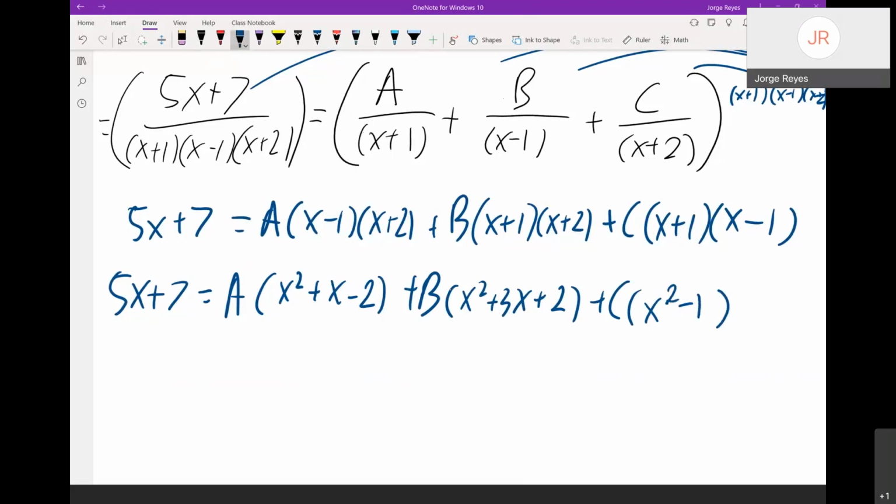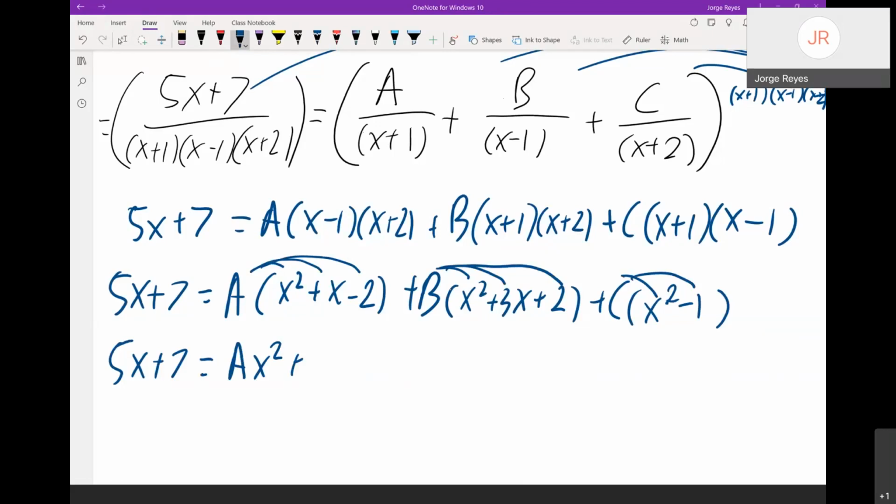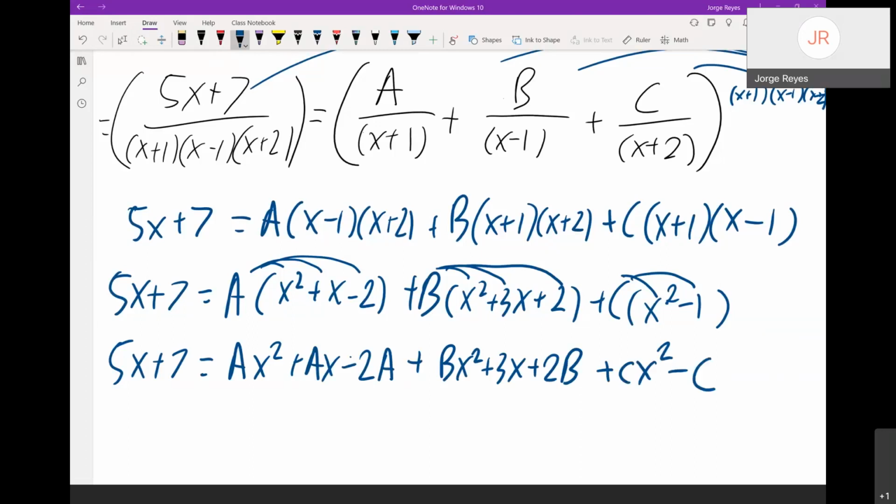Then you distribute the constants. So you get 5x plus 7 equals Ax squared plus Ax minus 2A plus Bx squared plus 3Bx plus 2B plus Cx squared minus C.